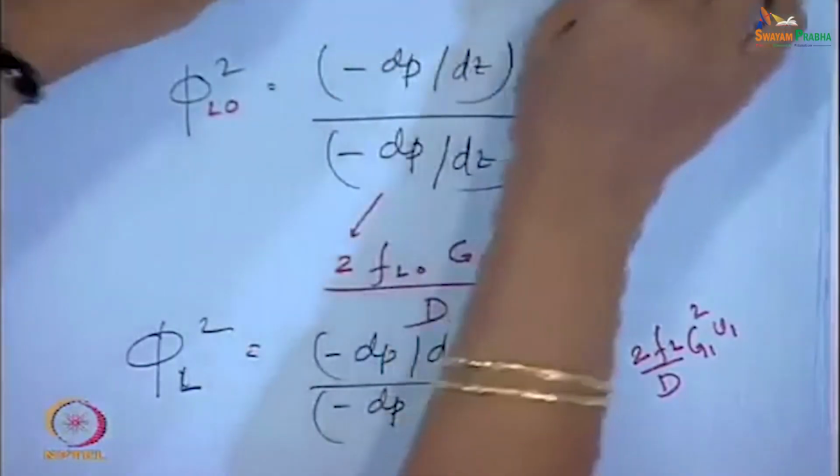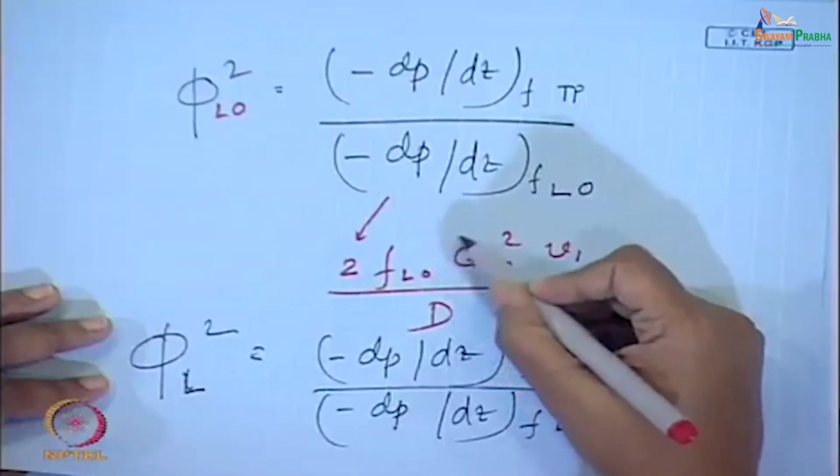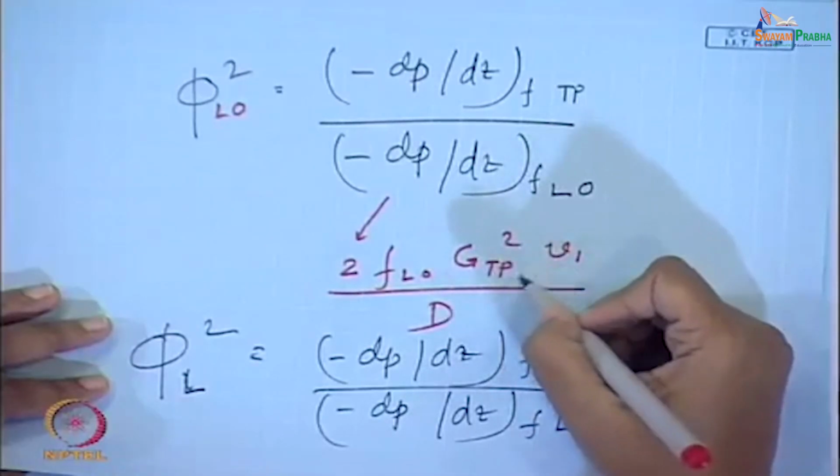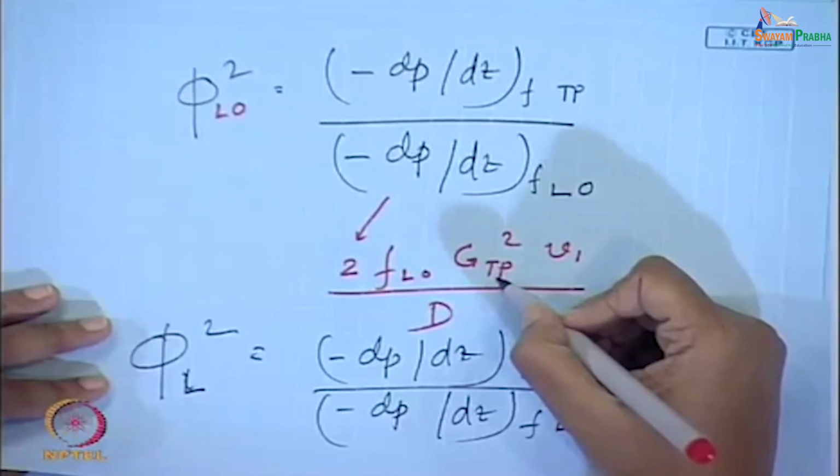Now, try to understand the situation. There can be a number of situations. One is when the entire mixture flows as liquid, or when the entire mixture flows as gas, right. When the entire mixture flows as liquid, then naturally the whole mass flux has to be included.